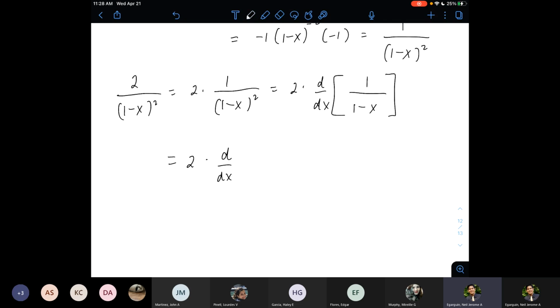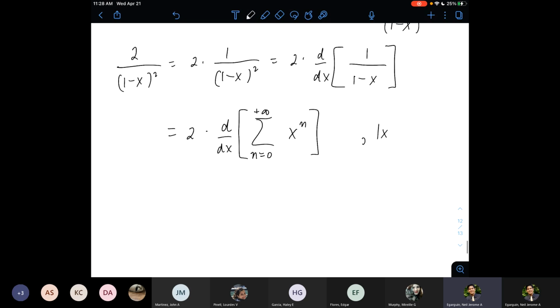So instead of differentiating that, I can differentiate the series expansion, which is x to the power n going from 0 to positive infinity. This expansion is true whenever the absolute value of x is less than 1. If the absolute value of x is less than 1, then this series is absolutely convergent.